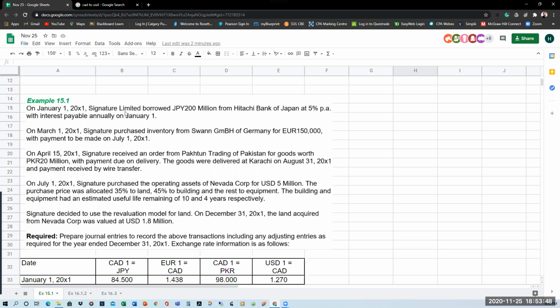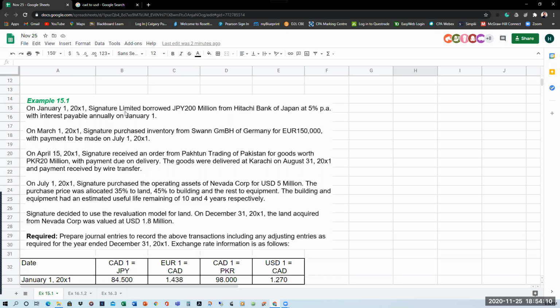So we borrowed the amount on Jan 1st, 2001, even though we will actually be paying the interest on the loan on Jan 1st, 2002, on December 31st, 2001, because December 31st, 2001 is the year end, we have to accrue the interest expense.